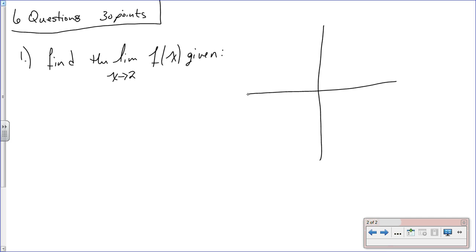It's probably going to be pretty terribly drawn, but alright, what's the limit of our graph as x approaches 2?